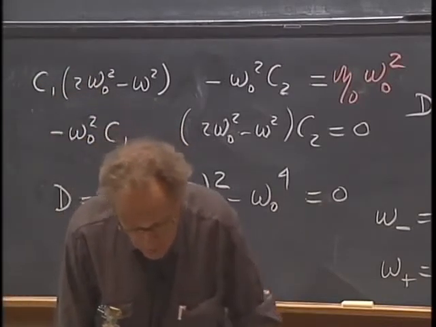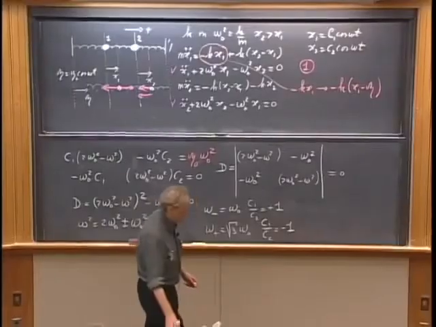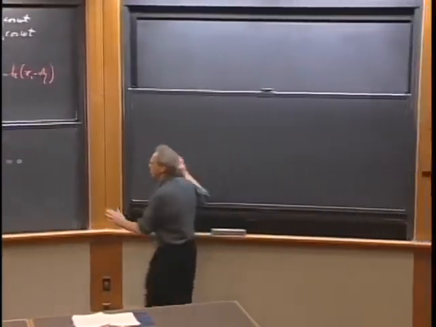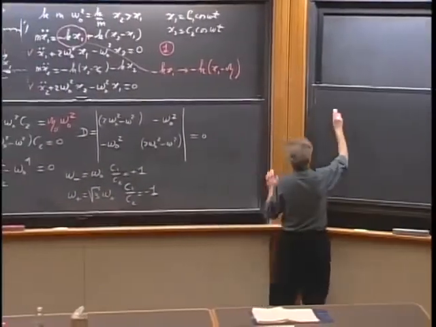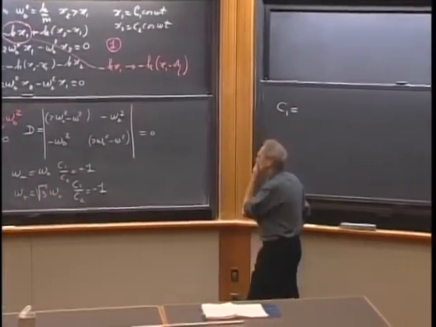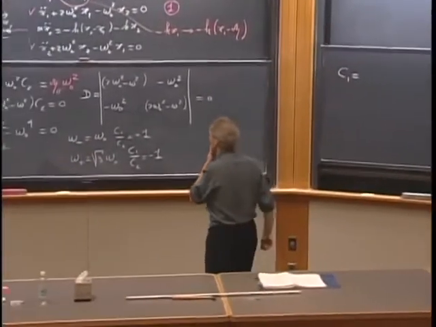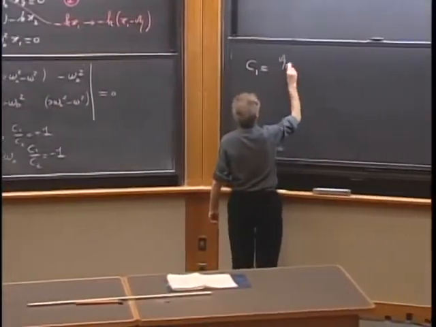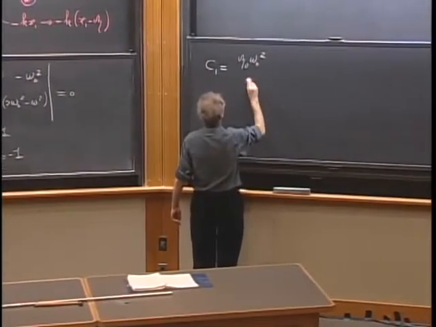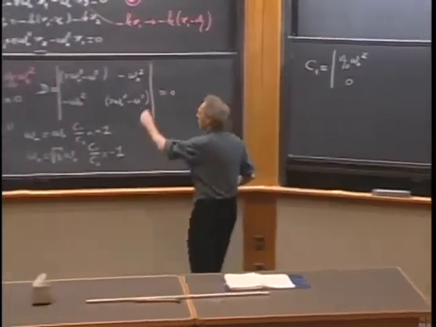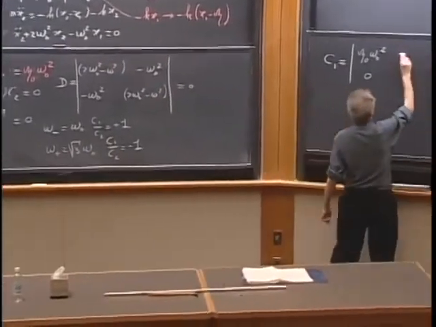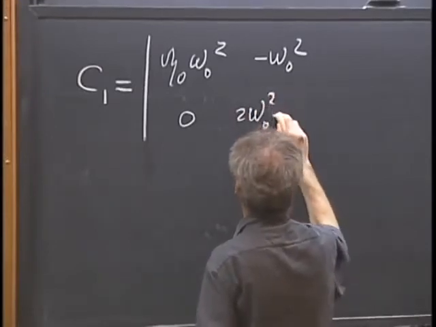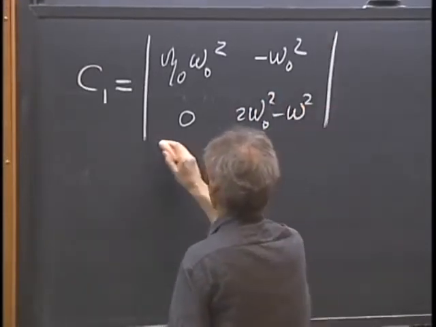So now I use Cramer's rule, and now I can actually come up with a solution for C1, no longer the ratio C1 over C2, no, I can actually come up now with solutions. So C1 now, using Cramer's rule, this now is my first column, eta 0 omega 0 squared, 0, and this now becomes my second column, minus omega 0 squared, and 2 omega 0 squared minus omega squared, divided by d.